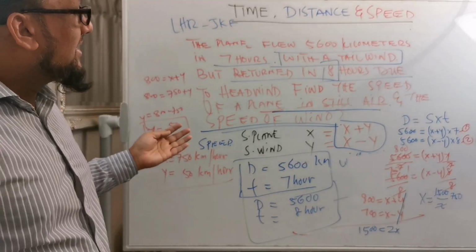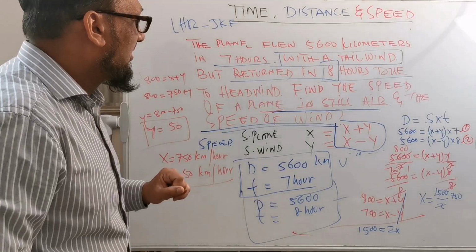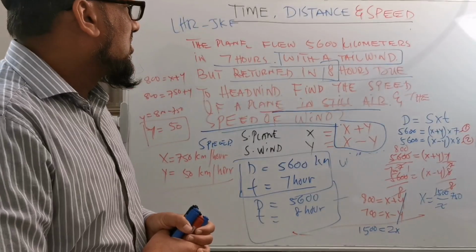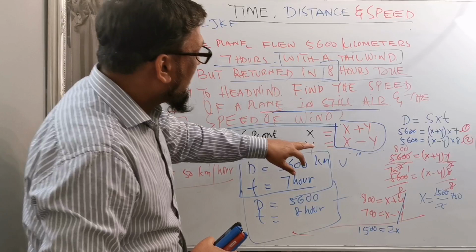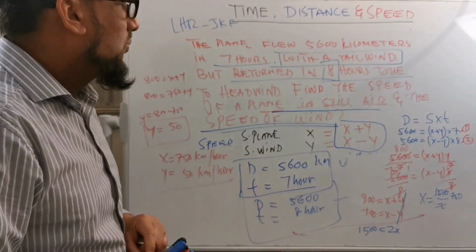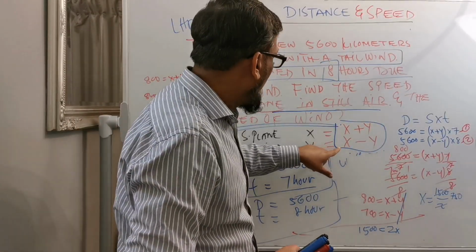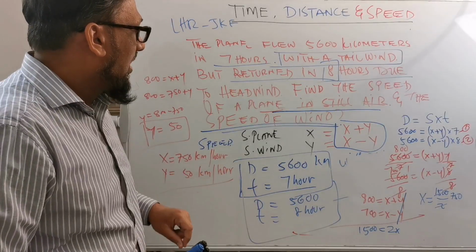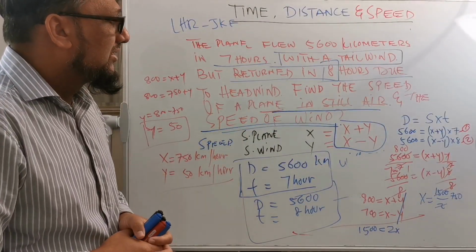But when the plane is coming back to LHR, the air pressure is opposite. So this is the headwind. And the headwind means the speed, which is x, subtract the wind. So x plus y is with the wind, and x minus y is against the wind.